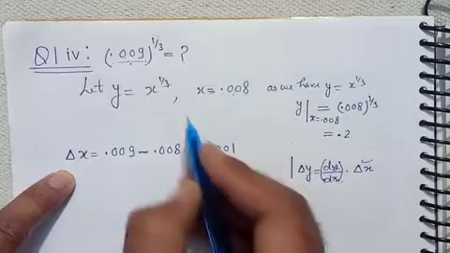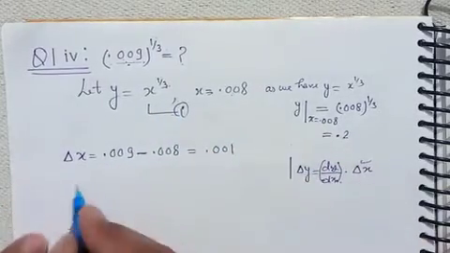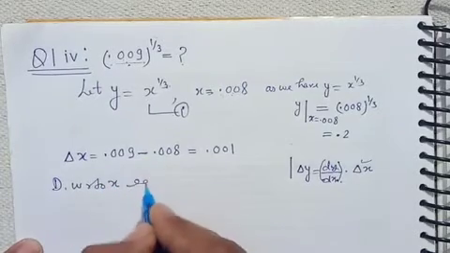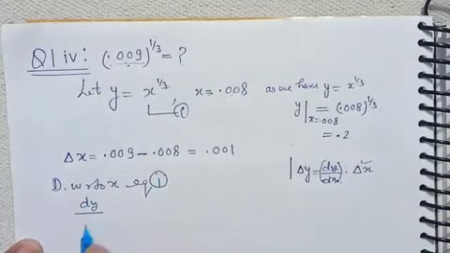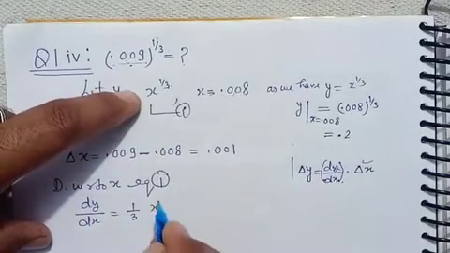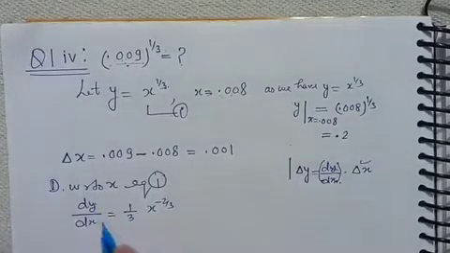So find out dy by dx. It means differentiate equation 1 with respect to x. Dy by dx equal, derivative of this one is 1 upon 3 x raised to the power minus 2 by 3. This is rate of change of y with respect to x.